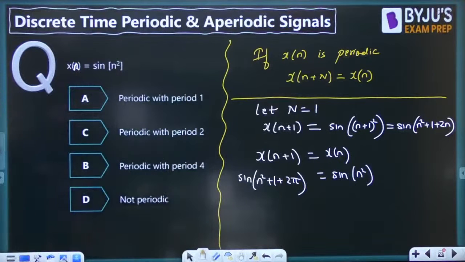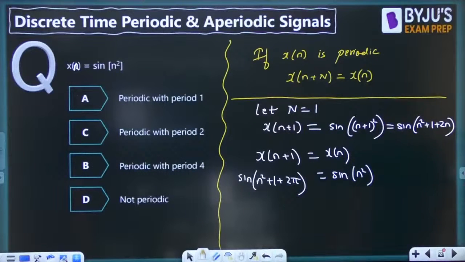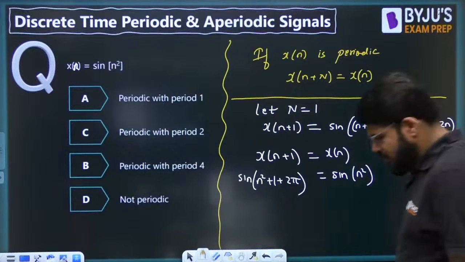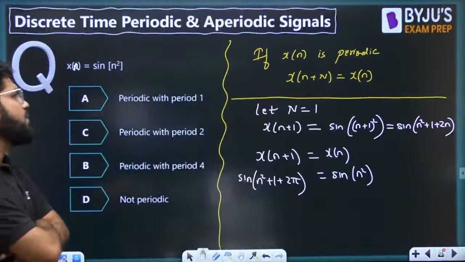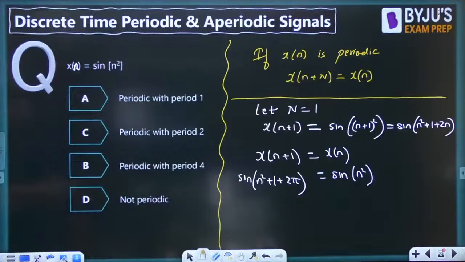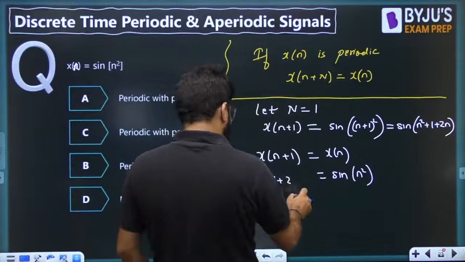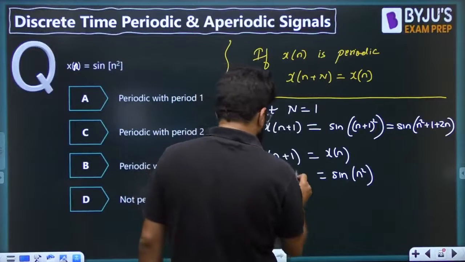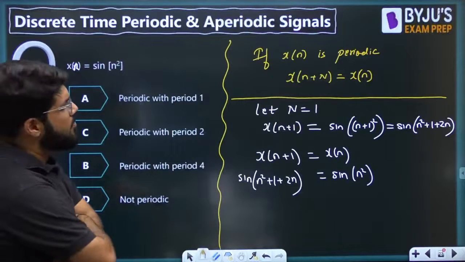Think about this. Sorry, why did I write 2 pi? This is 1 plus 2n. Then next will be n.